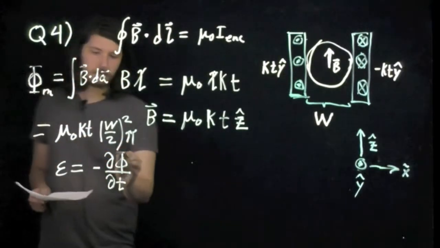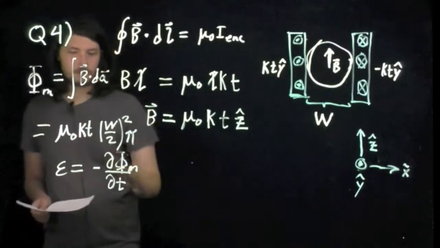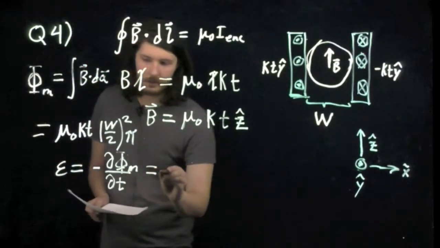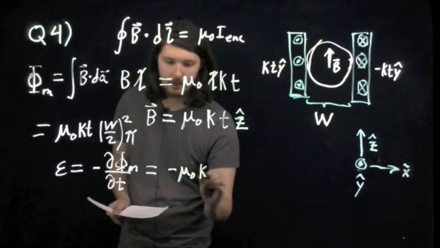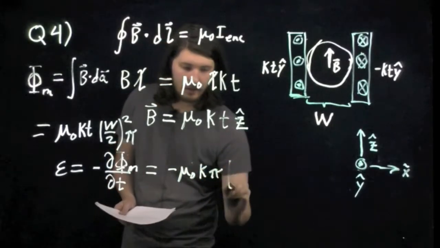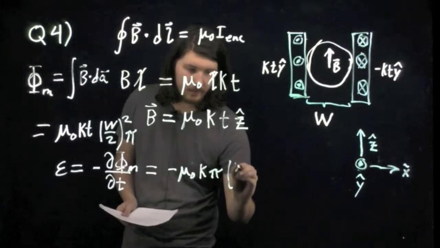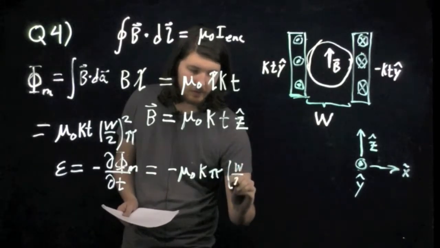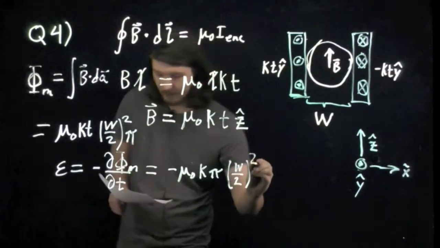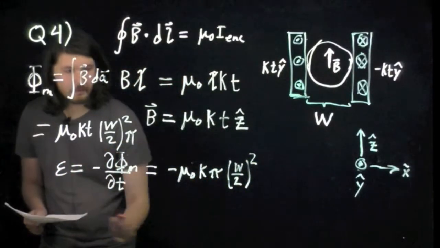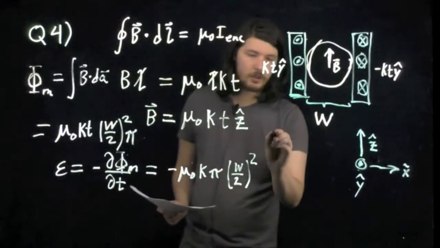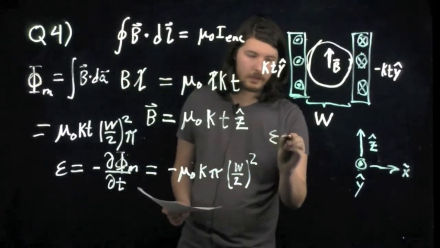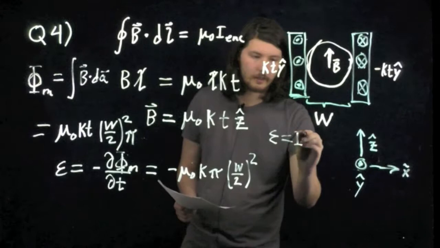We know what phi m is, so just take a derivative and you end up with this lovely little expression right here: mu naught K pi times w over 2 squared.